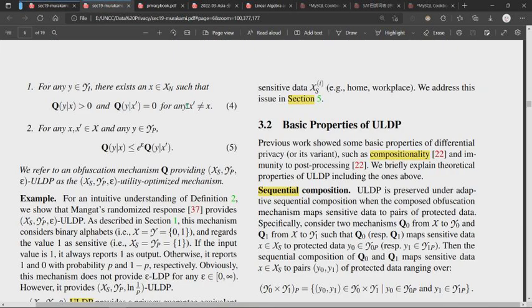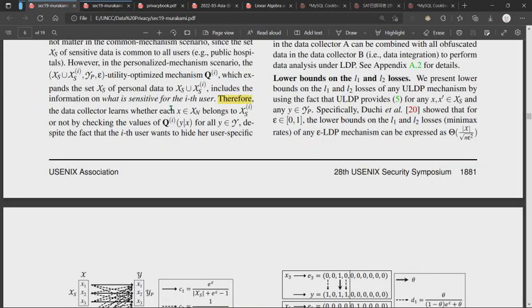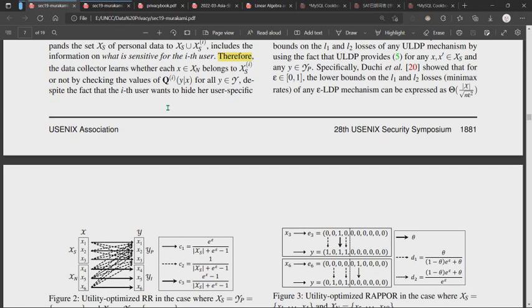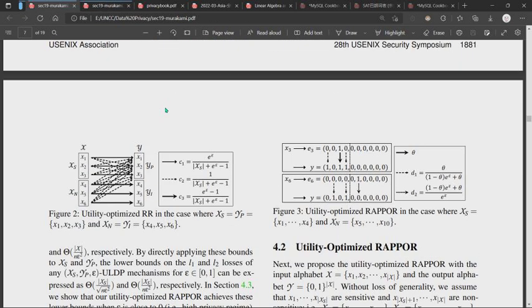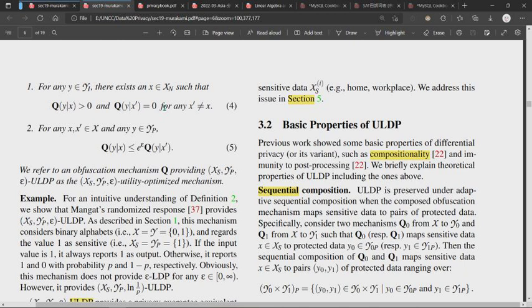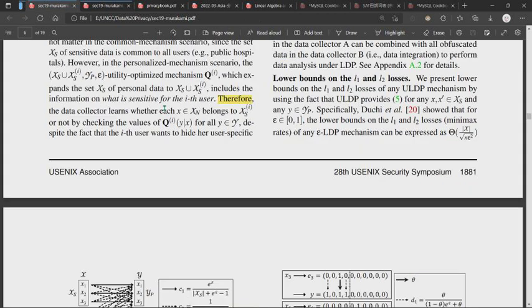In any, this and this. I don't know what you're talking about. Dude, focus. Any LDP mechanism can be expressed as this. Okay, what is this? Next.